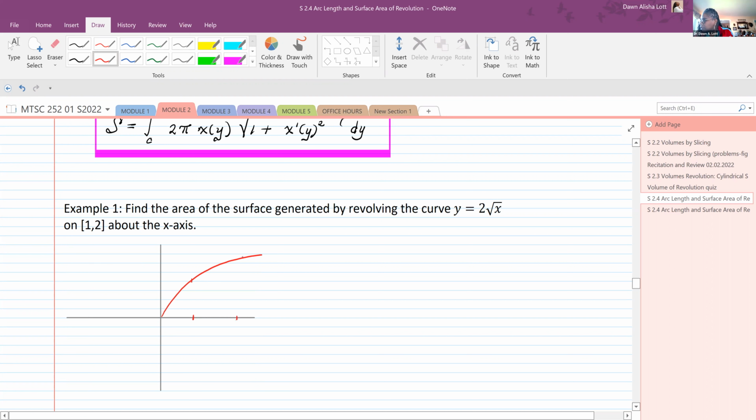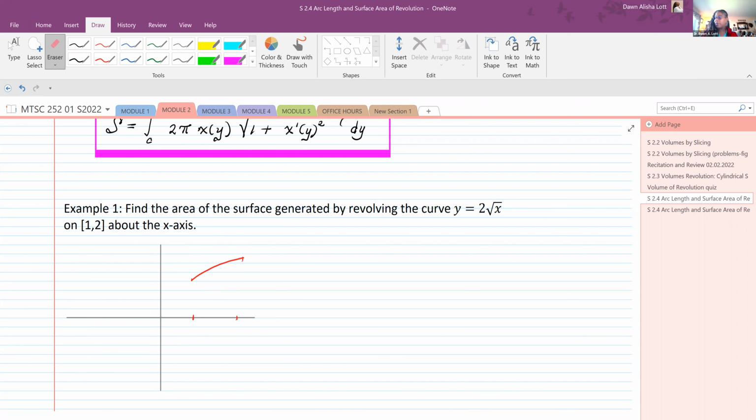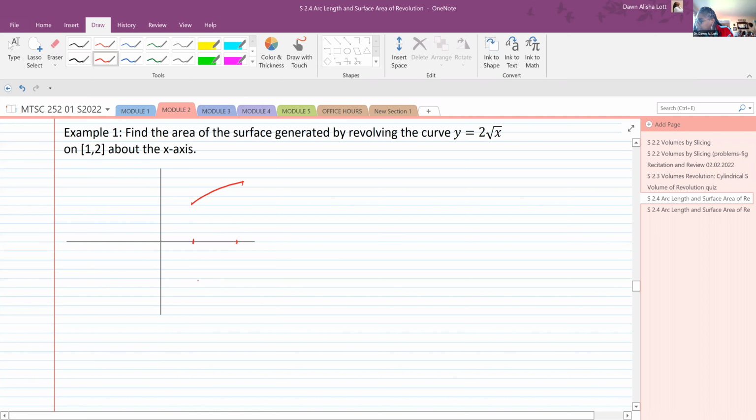Okay. So we're going to get rid of this because we don't need it. All right, so that's the part of the curve that we want, between x equals 1 and 2. So we're going to revolve that around the x-axis. So when we do that, we end up with something down here that looks like this.